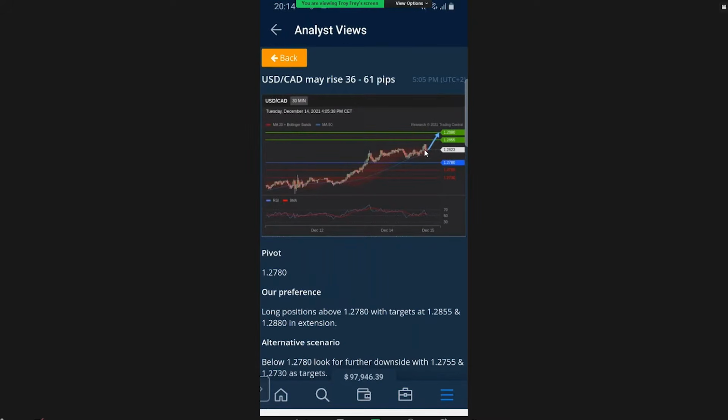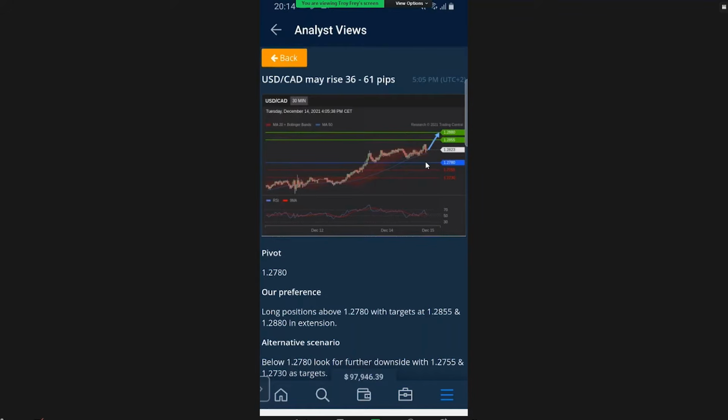They're saying an early out is this first price, and a later out is the second one. And it shows you as long as it's above this blue line, says the preference, long positions above 127.80, that's this blue line, 127.80, as long as it didn't come down and break below this price, then it's still expected that the USD would go up against the Canadian.